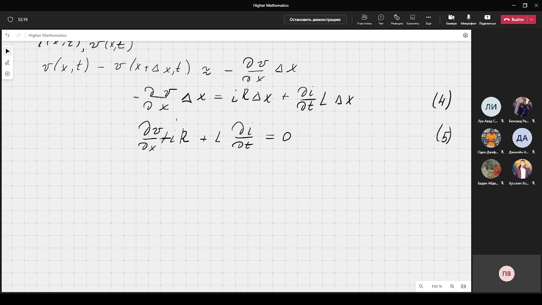Further, the difference between the current leaving element delta x and entering it during time delta t will be I of x,t minus I of x plus delta x,t, approximately equal to minus dI over dx times delta x times delta t.